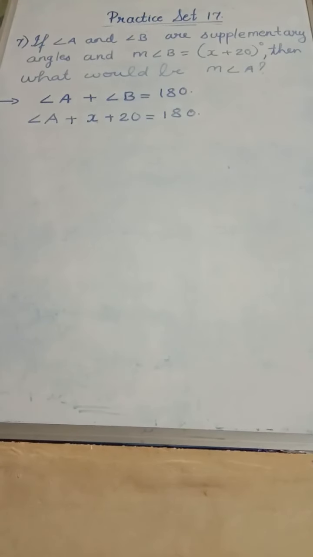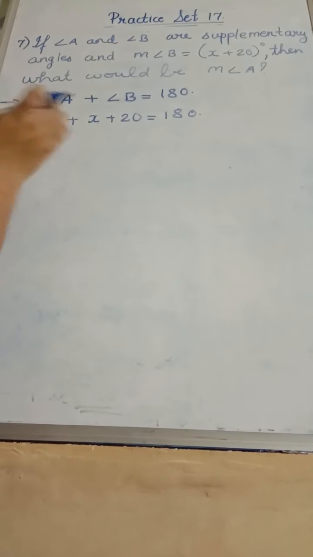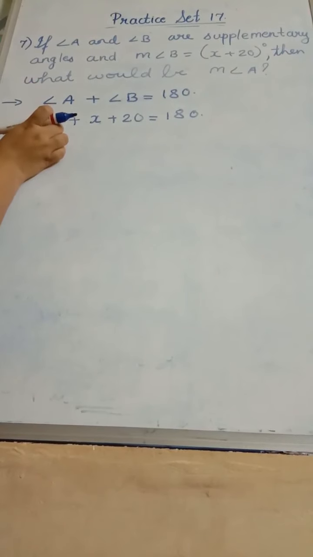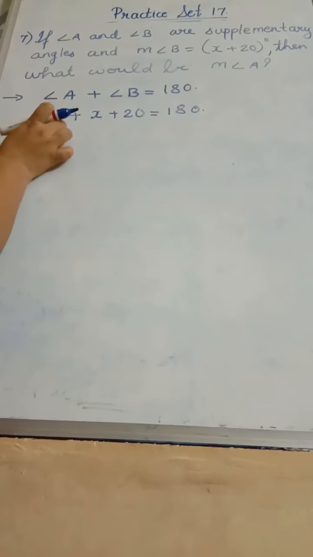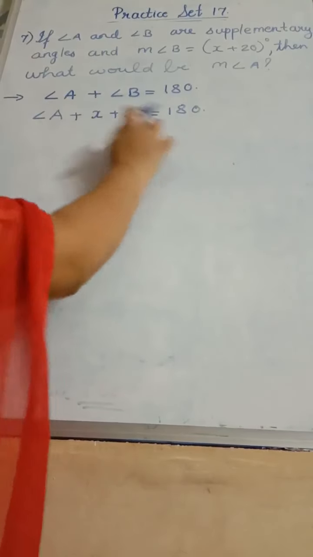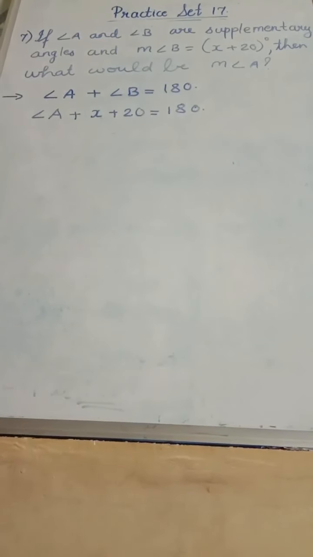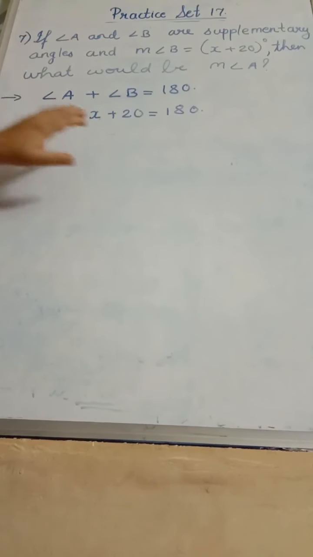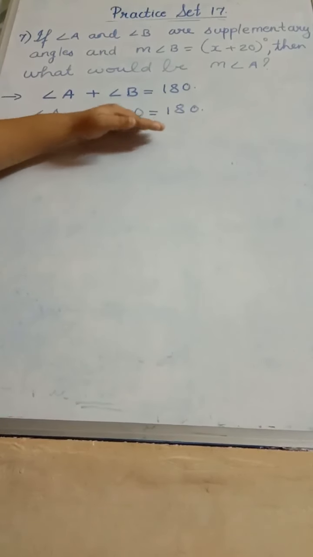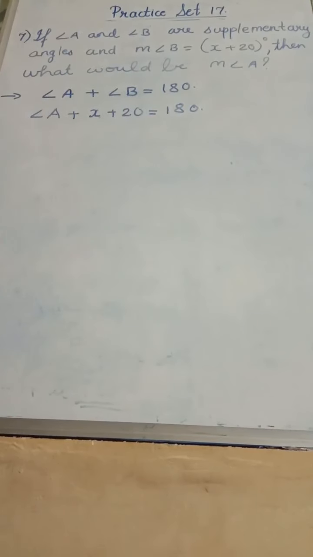Now what we'll do, that is, we want to find A's measurement, value, is it? What would be angle A? So we want this, so we will remove this part. Pay attention. So angle A, we have to find out the measurement. So we don't want this, children. So if we don't want it, are we doing the opposite of that?